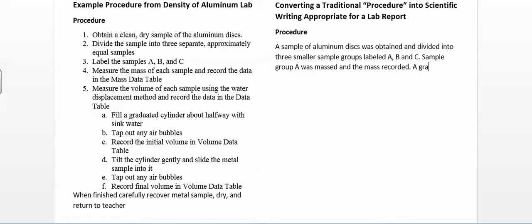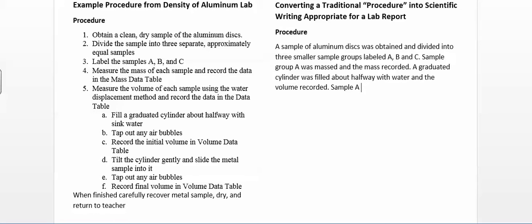So a graduated cylinder was filled about halfway with water and the volume recorded. Sample A, now notice here, because of the change I made, rather than talking about all of the groups at once and only talking about group A, I needed to make that same change here as I was talking about obtaining the volume of that sample.